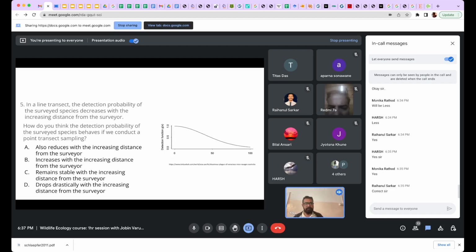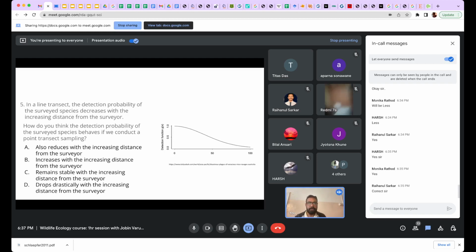But if the vegetation is very dense, like a forest, how many birds do you even see in a forest? You're mostly able to hear the birds in the forest, right? It's not possible for you to see all the birds that are present in the forest.